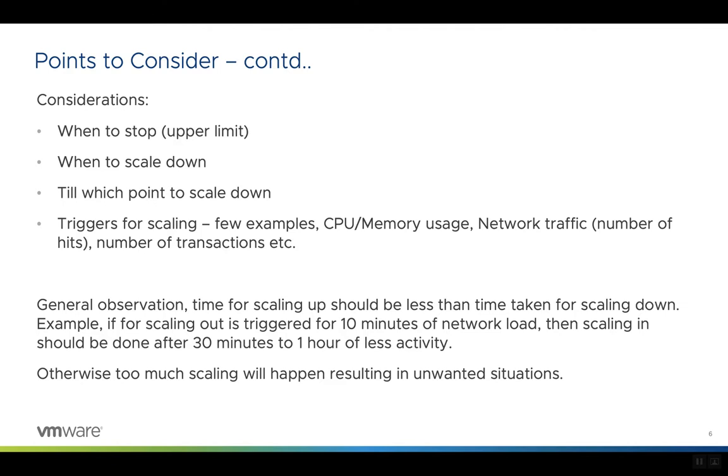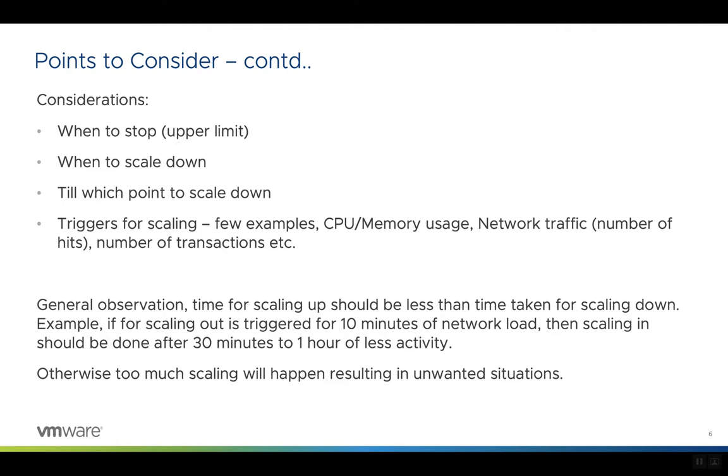The next decision is when to scale down. I have say waited 30 minutes for my utilization to go below a certain point in all of the nodes, single node. You need to make that decision and then when to scale down. 30 minutes, 45 minutes, or 1 hour that you want to wait, and then you want to scale down. Till which point you want to scale down, that is also very important, because there are certain aspects. For example, there are applications where you may decide that there can be a single node in that application and it would be running fine.